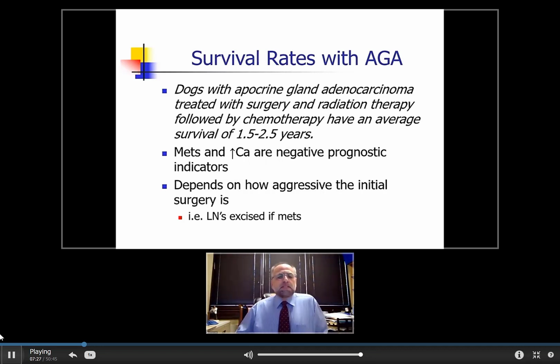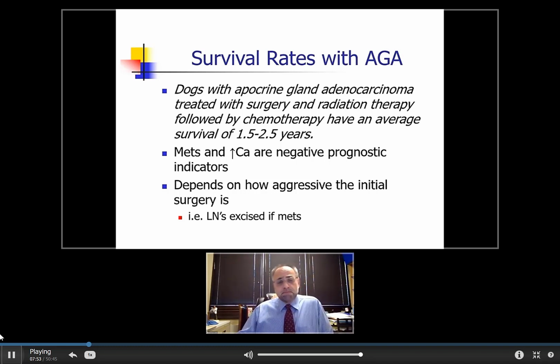Patients with anal gland adenocarcinoma, survival rates have actually improved over the years. It used to be that the numbers were a lot lower, but a dog with a tumor that was treated surgically and either had radiation or chemotherapy following treatment, the average survival time is about 2 years in general. It used to be a little bit lower, but I think we've gotten better at treating these patients.